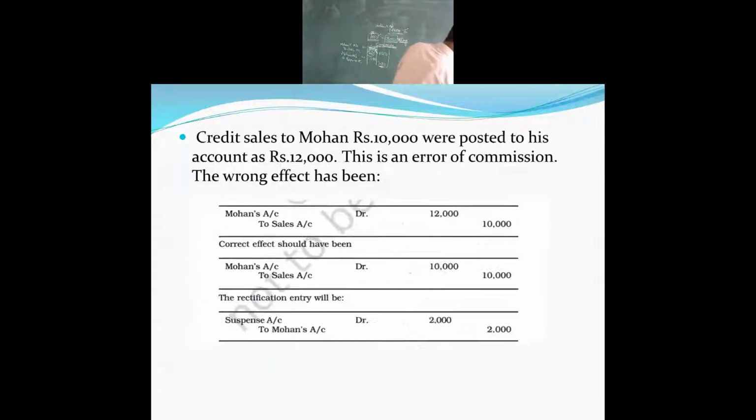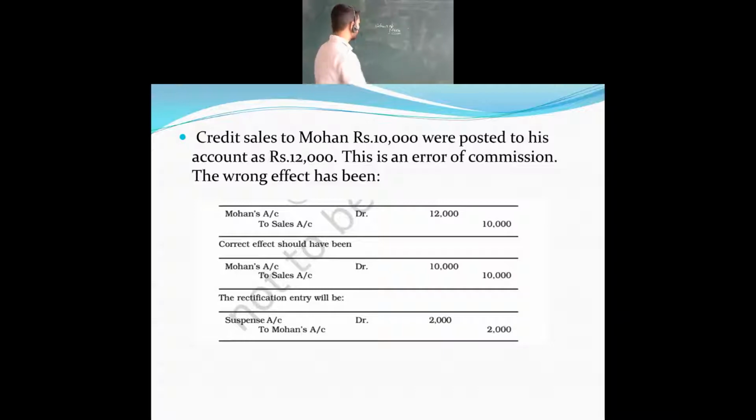Next one: credit sale to Mohan of rupees 10,000 was posted to the account as 12,000. This is now an excess amount. In Mohan's account it was 10,000. The name is only one, but we are looking at what kind of errors take place.